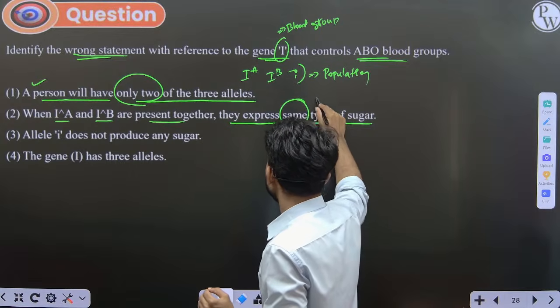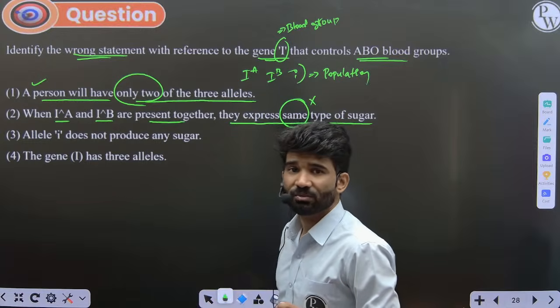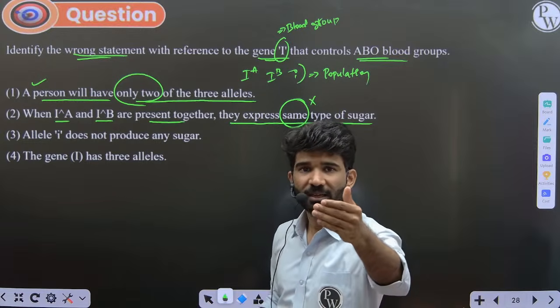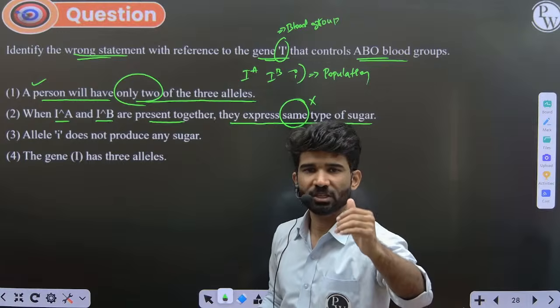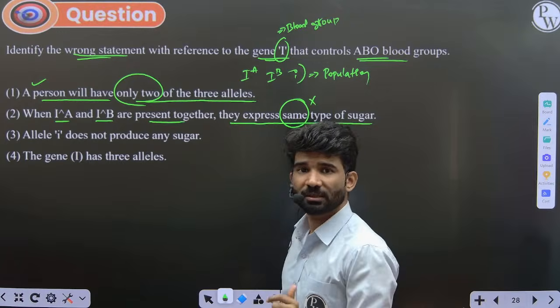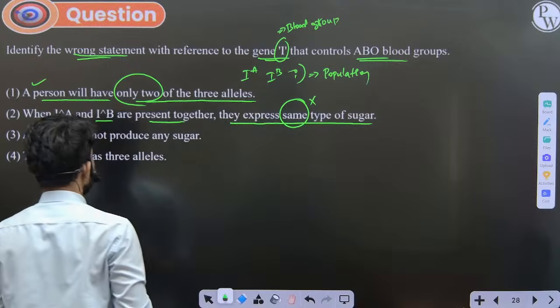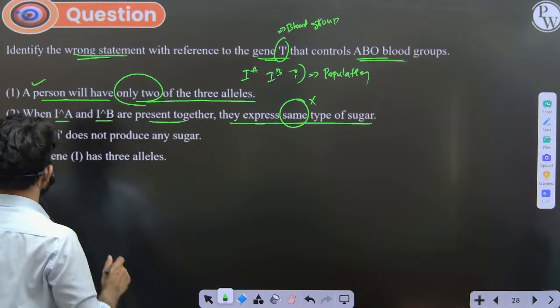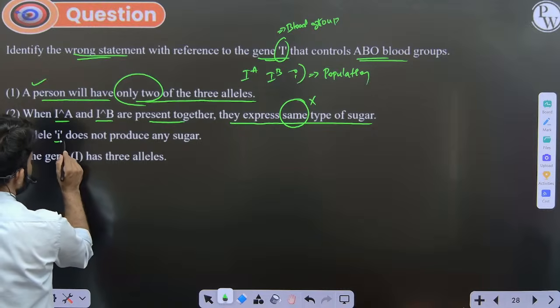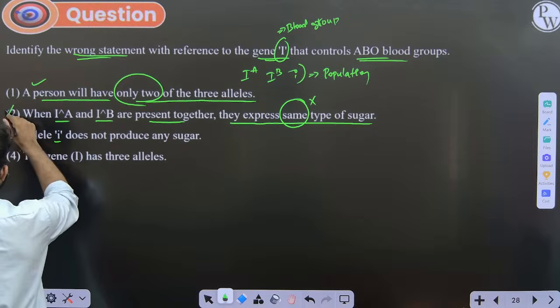Is it true or false? Definitely it is a false statement. A has A antigen, B has B antigen. They have different sugar polymers. They can't have the same type of sugar polymer or the same type of antigen. Right. So that's the wrong statement.